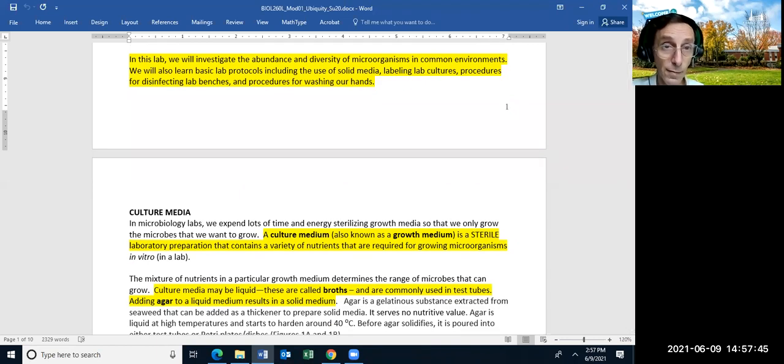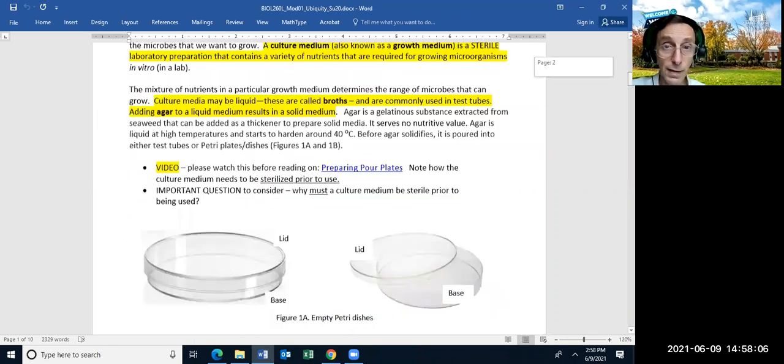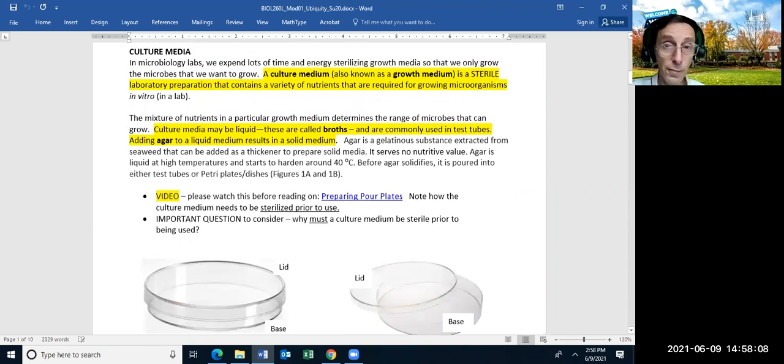We will also learn basic lab protocols, including the use of solid media, liquid media, although we won't do that one today, labeling lab cultures, procedures for disinfecting lab benches, and procedures for washing our hands. A culture medium is also called a growth medium.